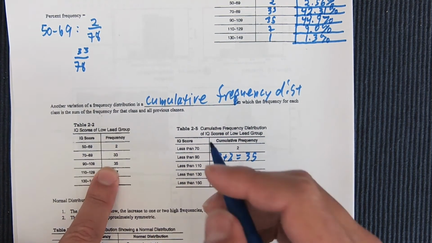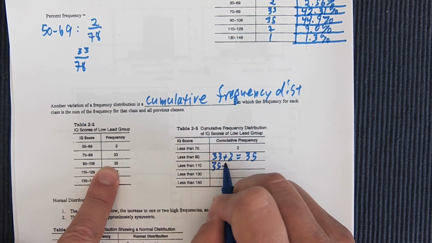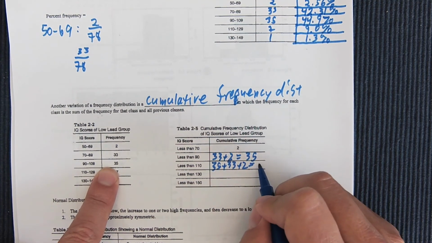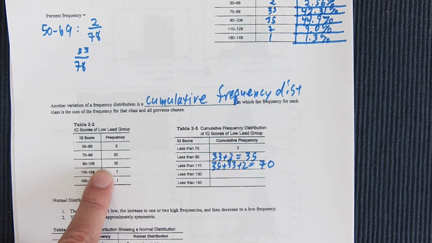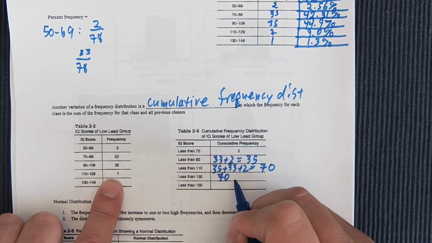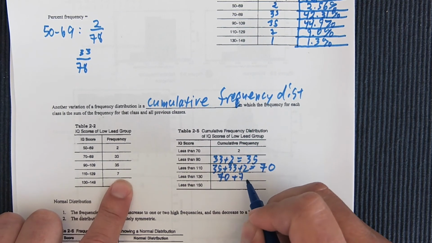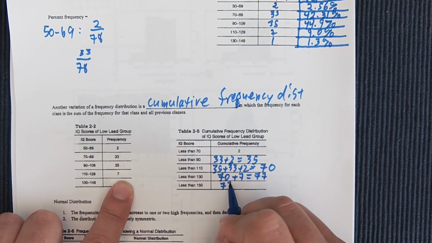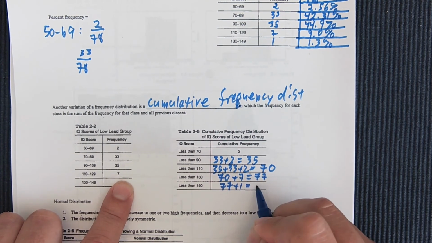How many are less? That's going to be 35 plus 33 plus 2, and that is 70. So now it's going to be the 70 plus 7, less than 130. Then it's the 77 plus 1, which is the 78.